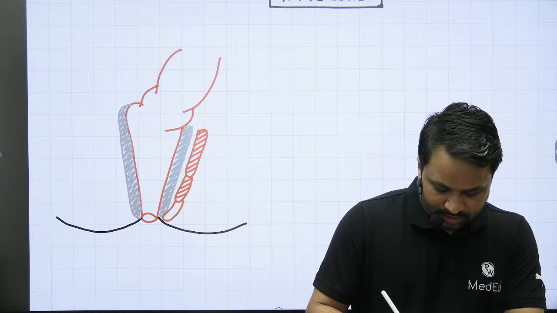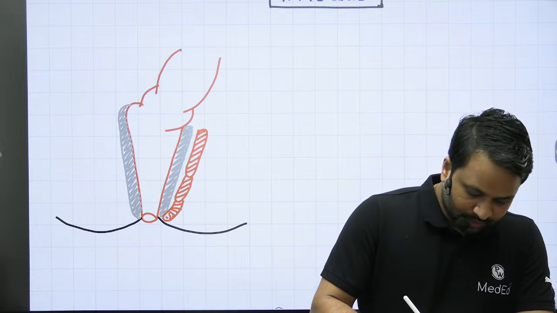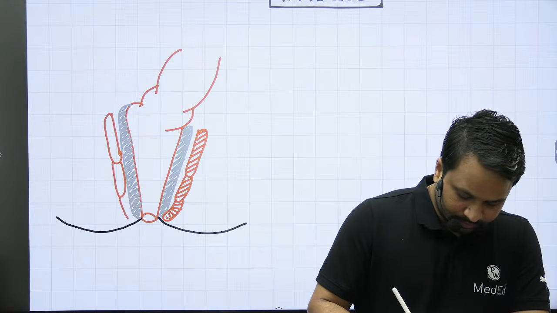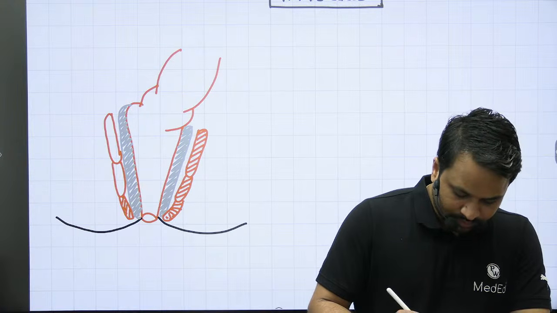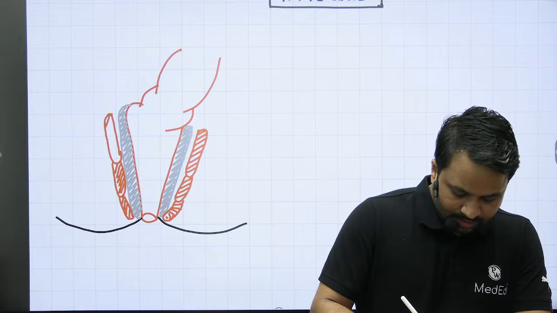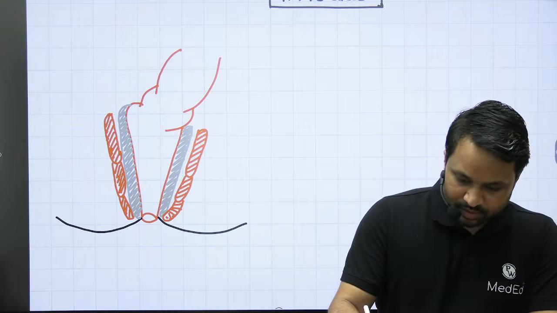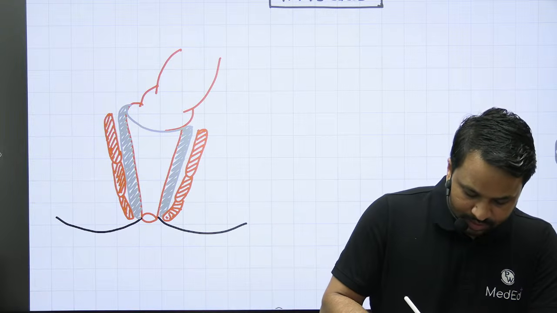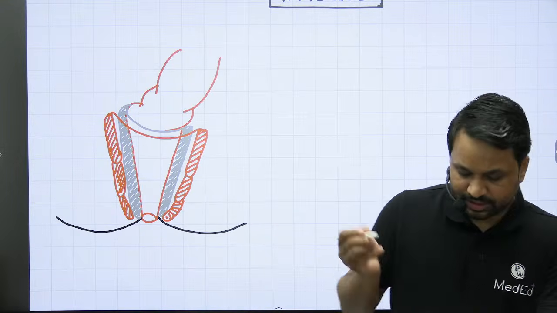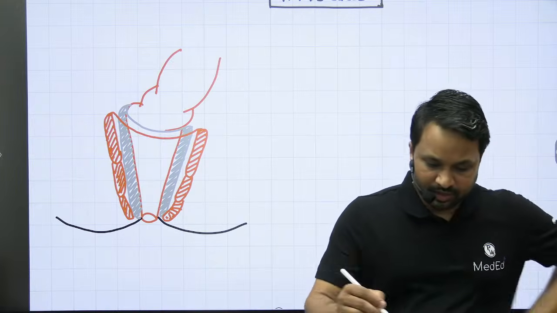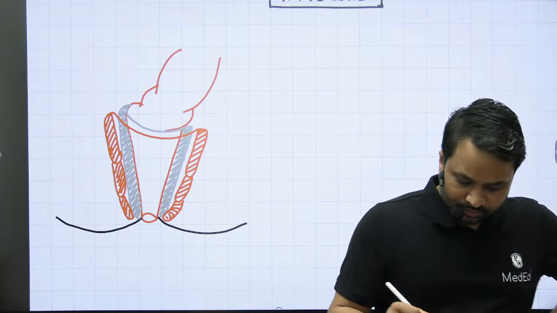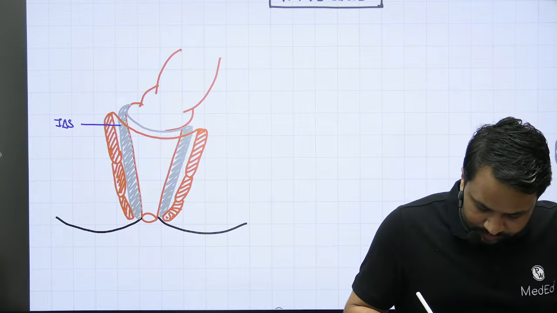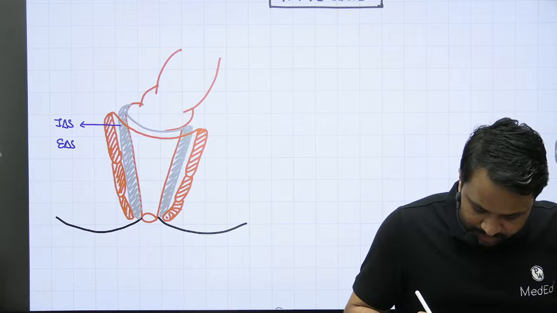So this is the internal anal sphincter, and this is the external anal sphincter.